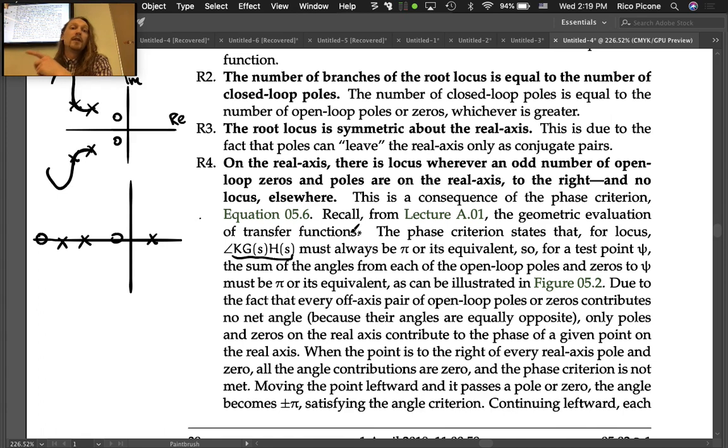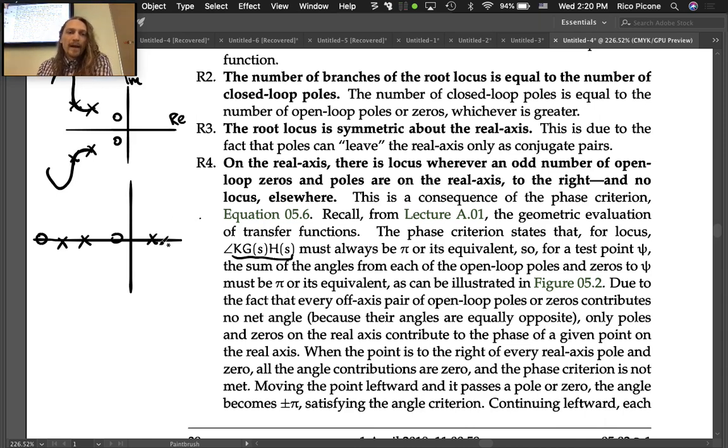So in order to have locus, S has to be equal to something that evaluates to pi or 3 pi or 5 pi or whatever, right? Some 2 pi mod of pi.